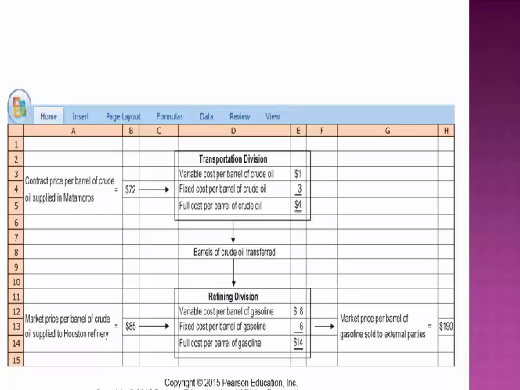The other way you can do it is to take full cost and multiply it times 105%, or times 1.05, to come up with the marked up selling price. And then we can also look at a hybrid price, which takes into consideration multiple factors.